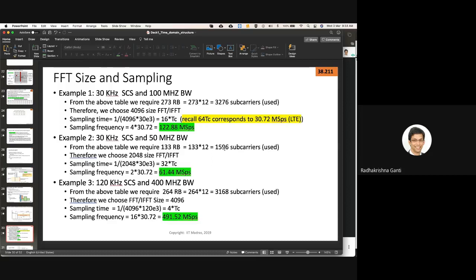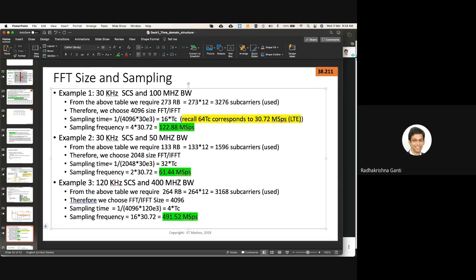So 133 times 12 is 1596. The closest FFT size is 2048. Therefore the sampling time is 1 by 2048 into 30 E3, which is 32 TC. So this is 61.44 MSPS.